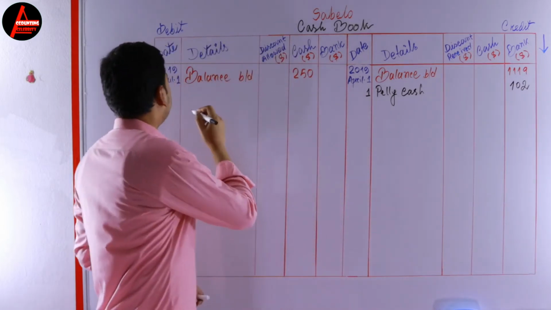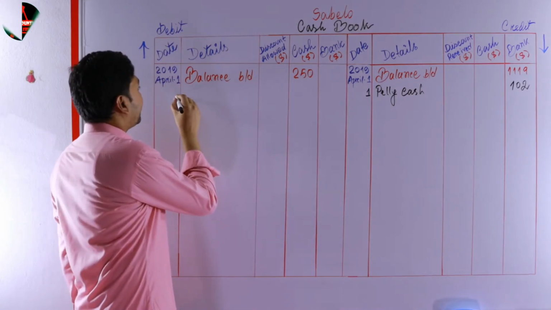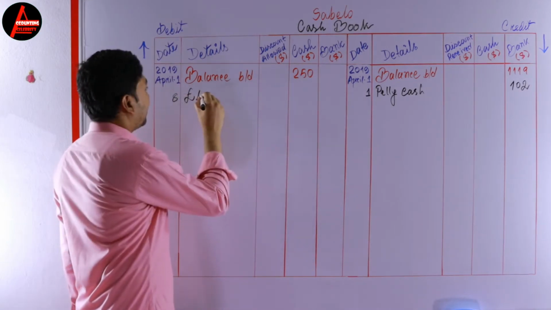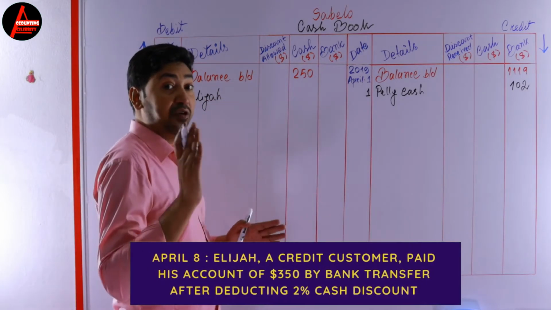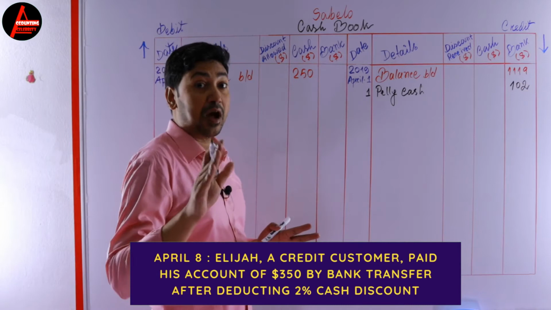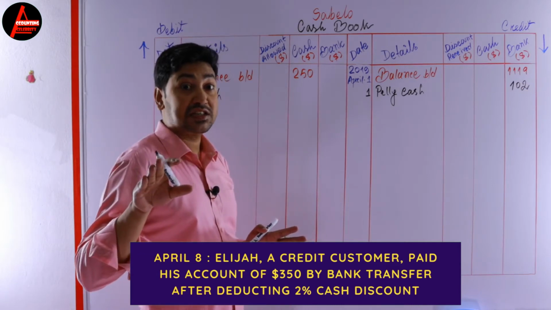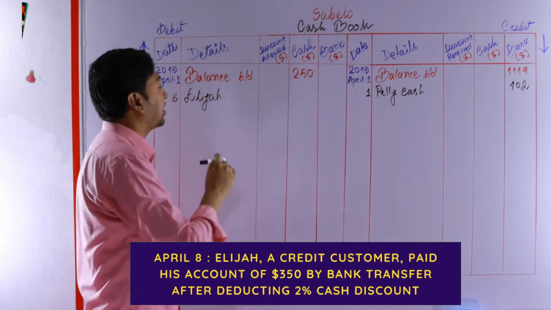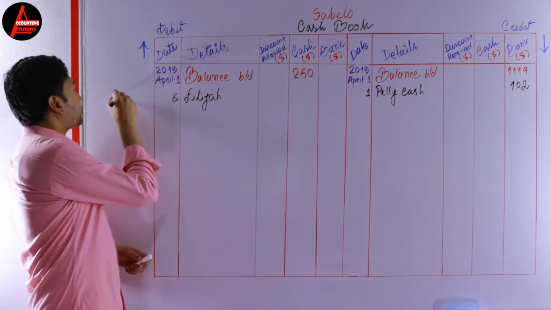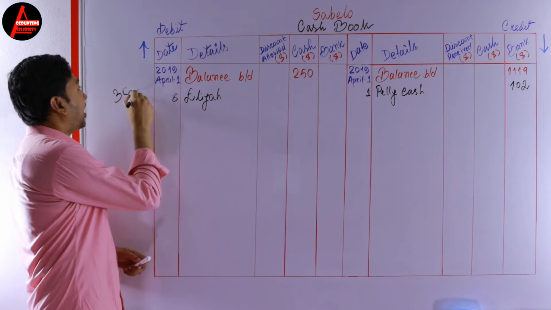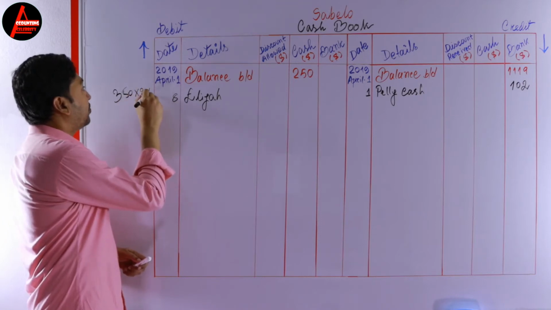So let us try transaction 8 here. Elijah. So how much did we receive here? We received $350 after deducting 2% discount. So there will be discount here. $350, look at the calculation here, times 2%.